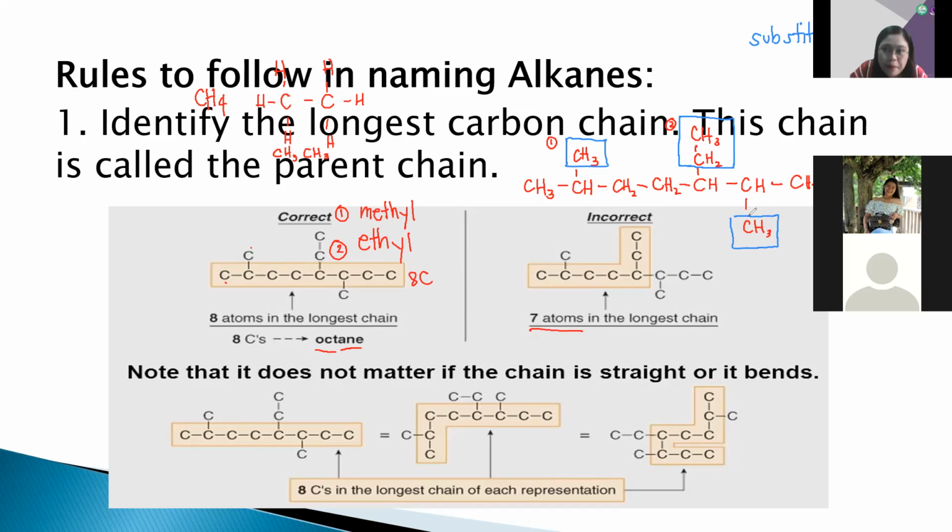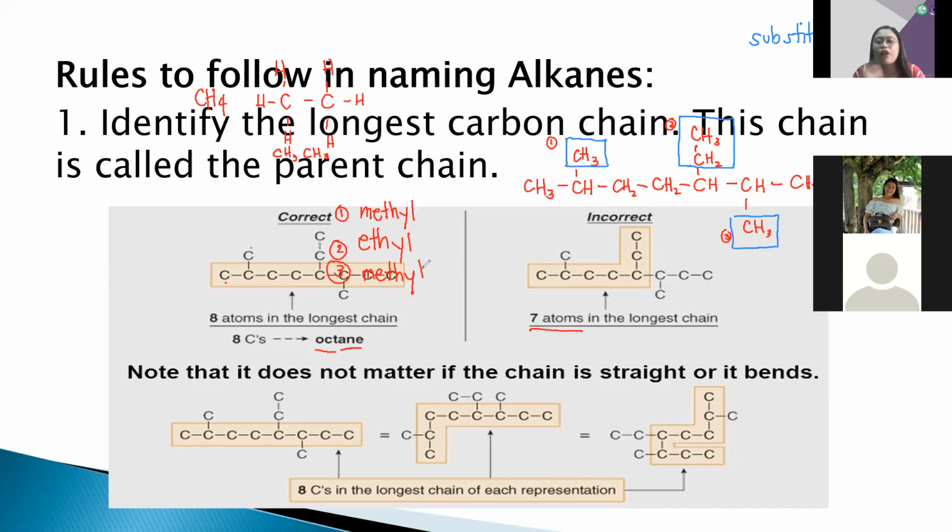Okay? And syempre, the third one is also a methyl. So methyl pa rin yan siya. Kasi parehas naman sila ng first natin na substituent or na branch, CH3. Kulang ng isa, so we cannot call it methane, but instead methyl.